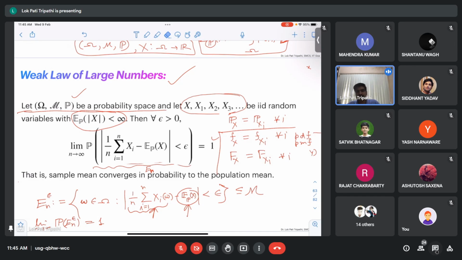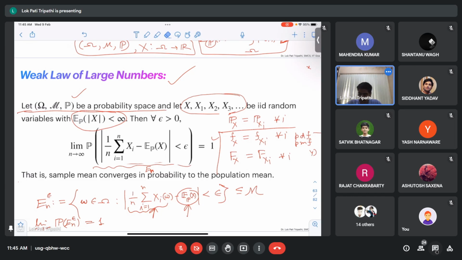To check whether that model is correct, you need to do some experiment, and one of those approaches is the notion of empirical probability. Anyway, we'll discuss that again. I have seen two very important applications of this: one is approximating the integral, meaning expectation, and the other is justifying the frequentist approach of defining probability.